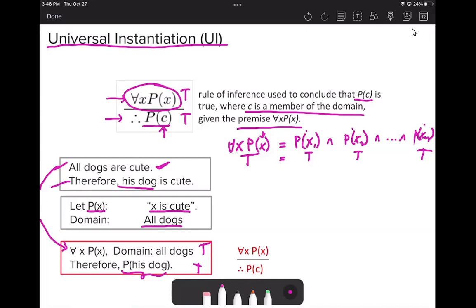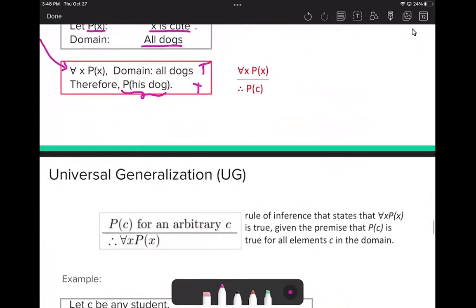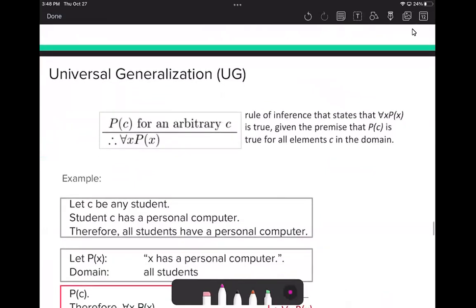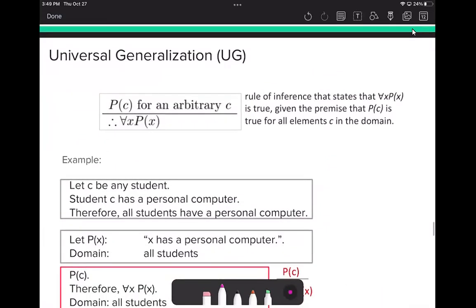Okay, so let's have another law. We have the universal generalization, or the UG. So we start with this premise, p of c for an arbitrary c, therefore for all x, p of x. This is the rule of inference that states that for all x, p of x is true given that the premise p of c is true for all elements c in the domain.